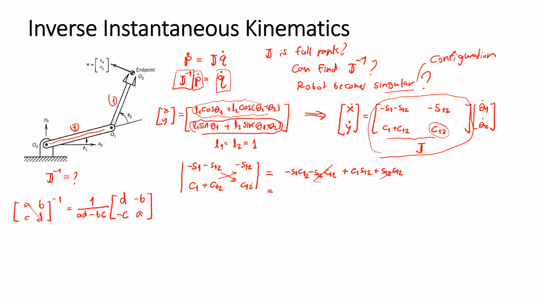And finally, we have sin of theta 1 plus theta 2 cosine theta 1 minus cosine theta 1 plus theta 2 sin theta 1, which is equal to sin of (theta 1 plus theta 2 minus theta 1), which is equal to sin of theta 2.